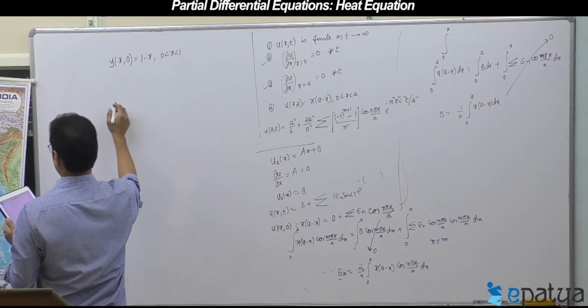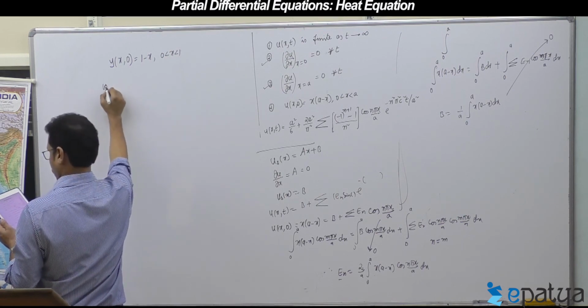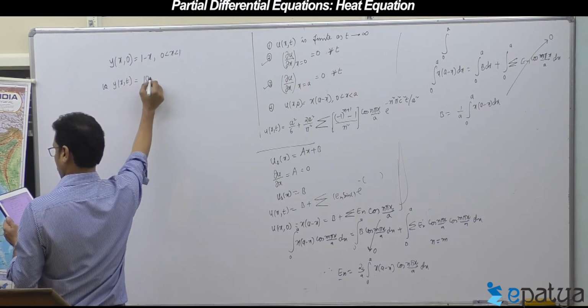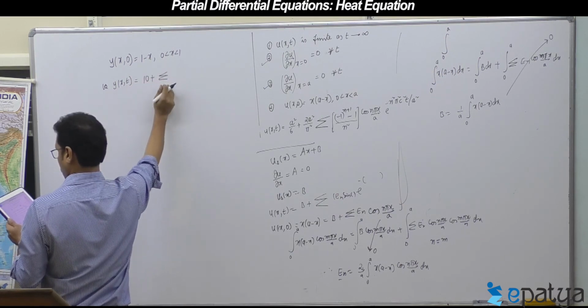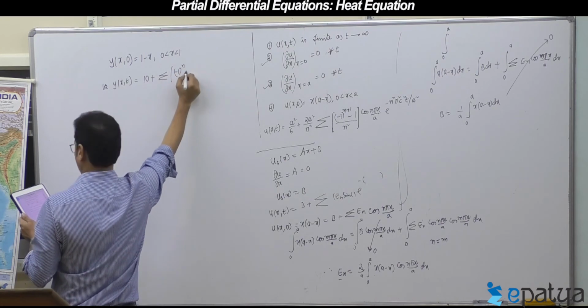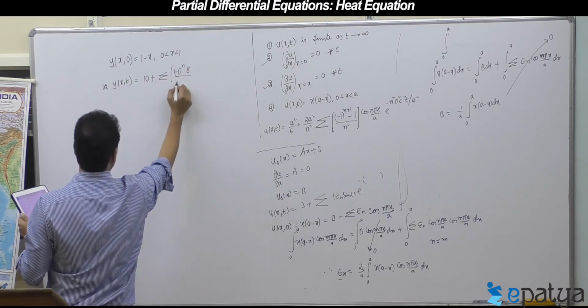The answer here is y of x comma t equal to 10 plus sigma bn minus 1 whole power n 8 by pi square.